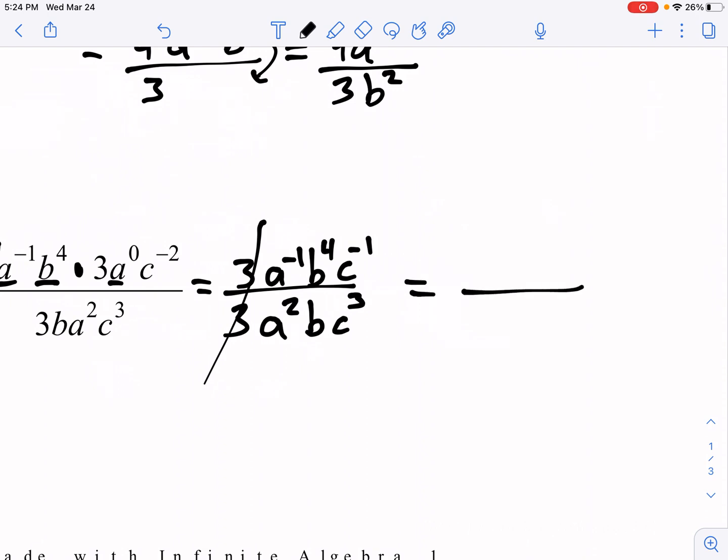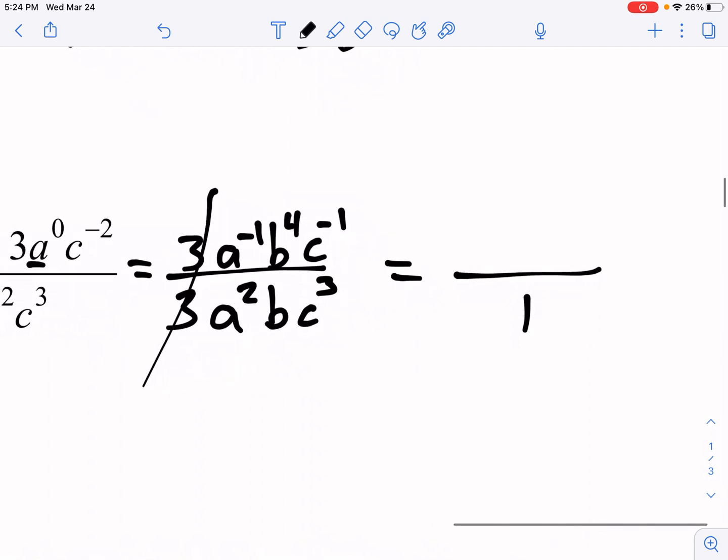is I have A, and I'm going to put everything over 1 for now. Okay, notice we've always been putting everything on top, right, at the beginning. Well, I'm going to put everything on top for now, just like we've been doing, and we'll put it over 1, and then we'll see if we need to flip anything, if anything's negative, okay? So for now, let's just put it over 1, and we have A to the negative 1 minus 2, okay?